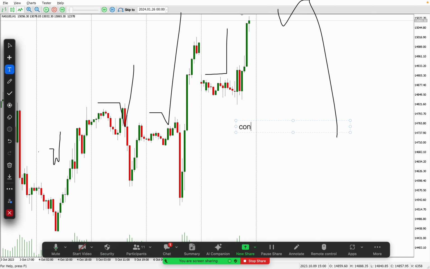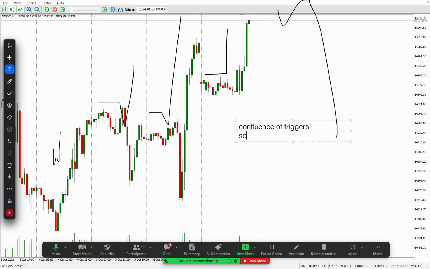So you're looking for a confluence of triggers. And whichever side wins, you go with that trade. Whichever side has a higher probability of panning out, that's the side you trade.